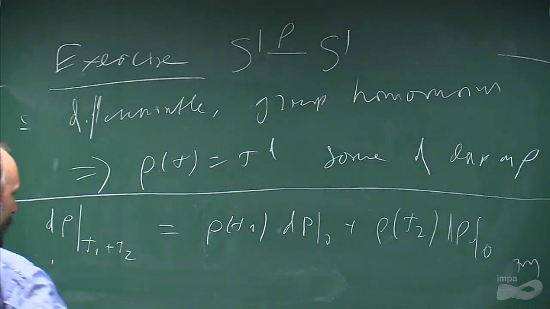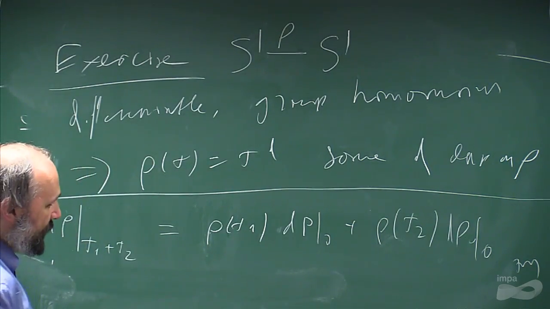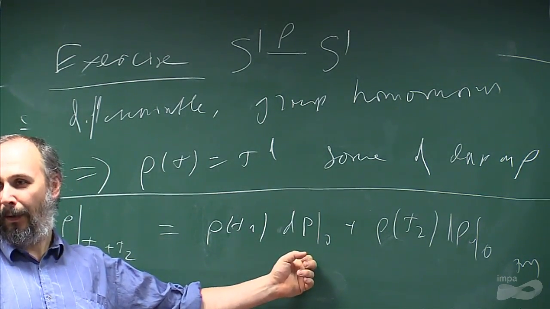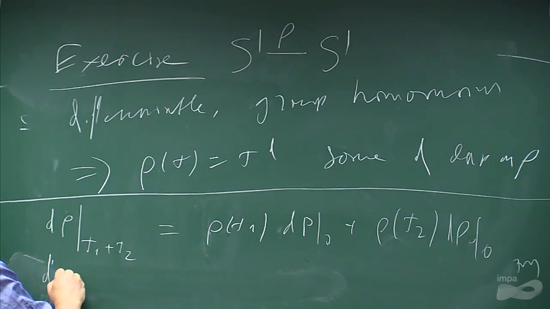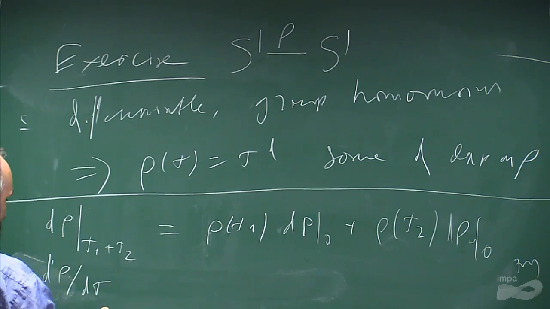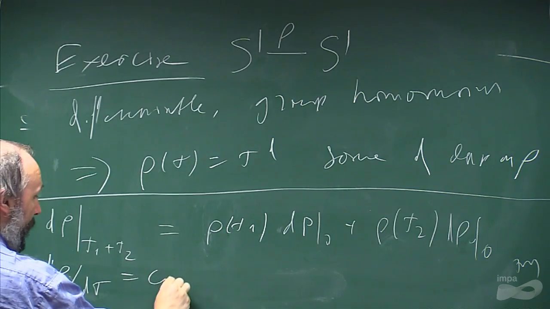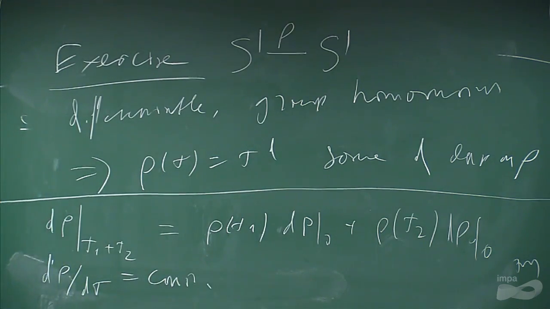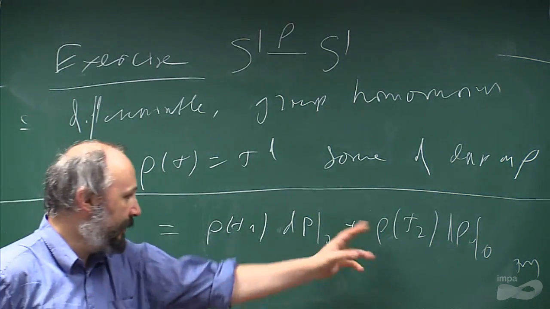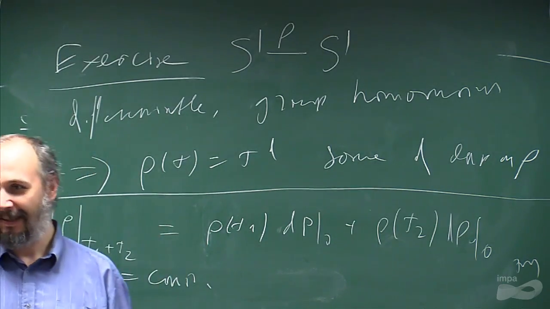But this means the derivative is constant everywhere. So d rho by dt is constant. Just put t1 equal to 0, for instance.